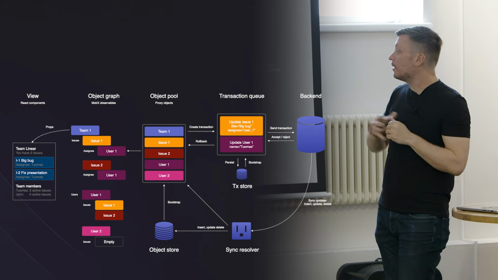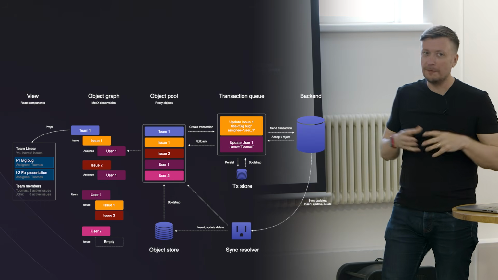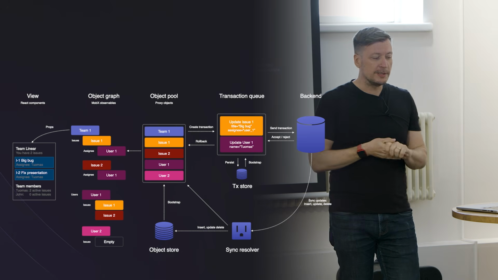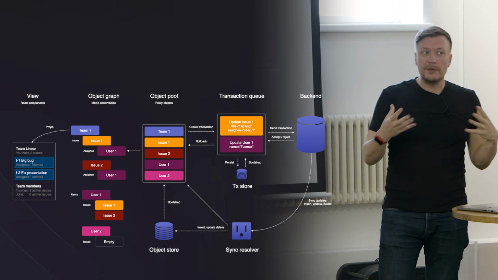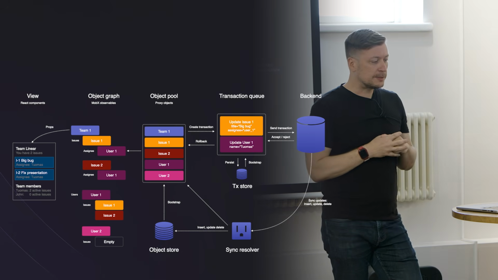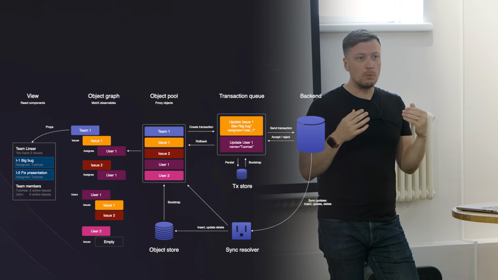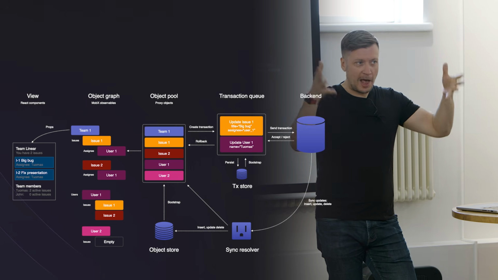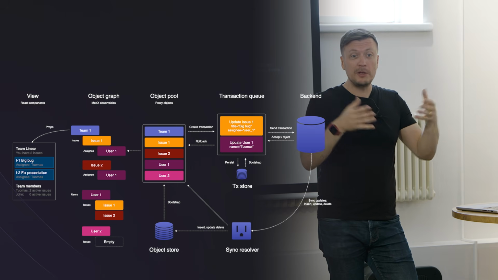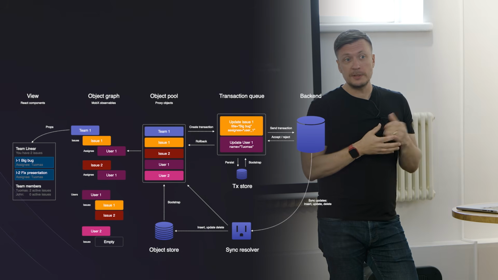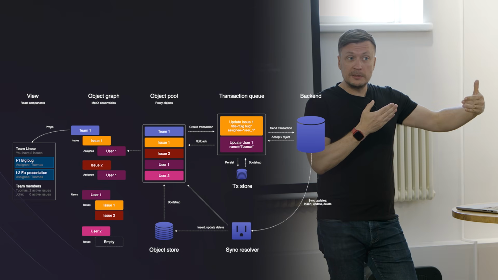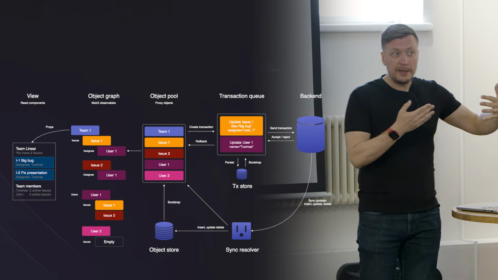Some other pieces that are important in the internal workings of the sync engine is the transaction queue. So when you start making changes to the model objects, what you literally do is you have your local model objects in memory. You make changes to their properties, which are automatically reflected in the UI because of our binding.